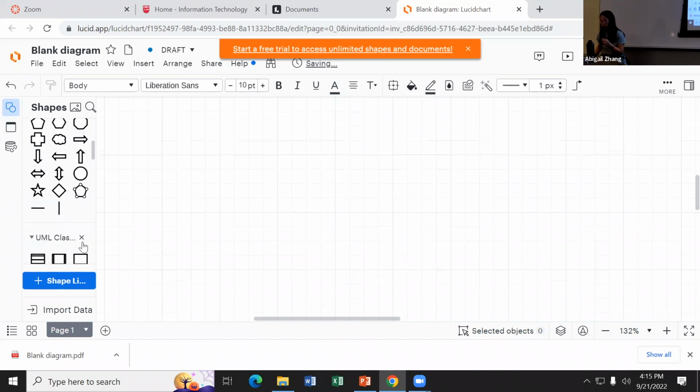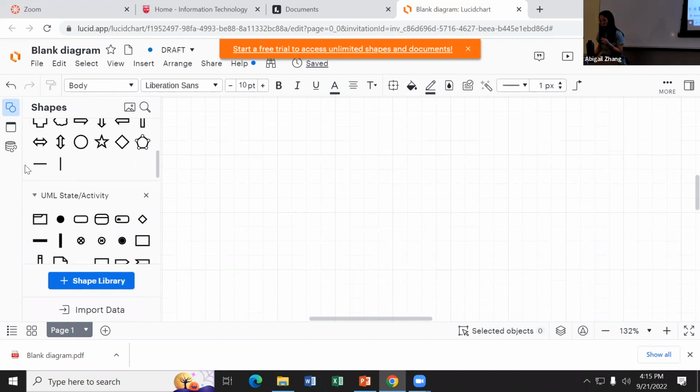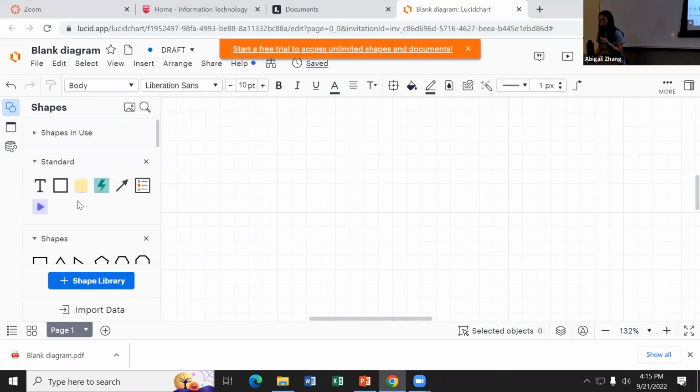Once we are here, we can see that the structure is similar to the BPMN diagram, right? We have a blank canvas where we can draw our diagram. On the left-hand side of this interface, we have a collection of shapes that we can utilize.